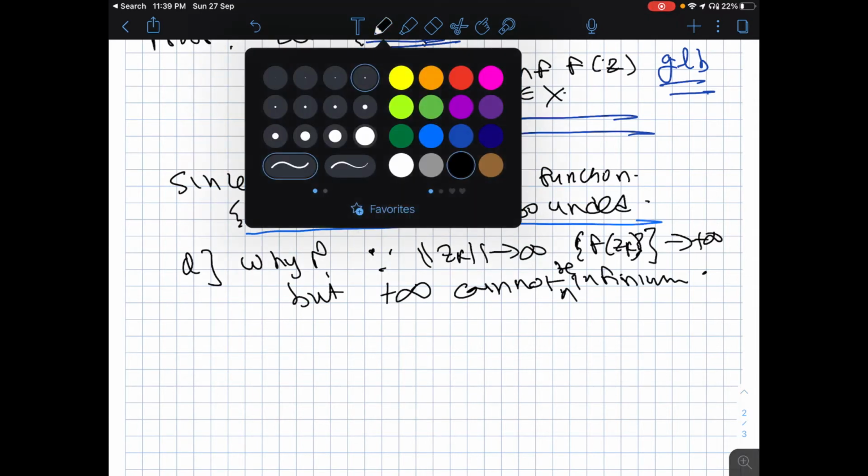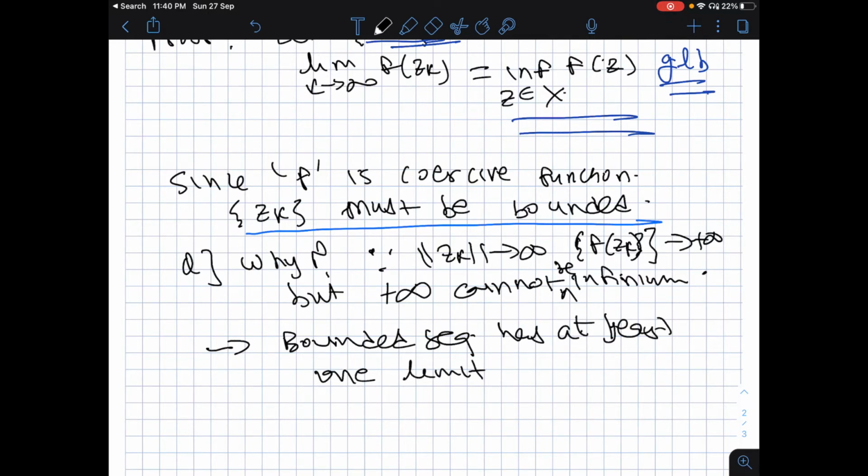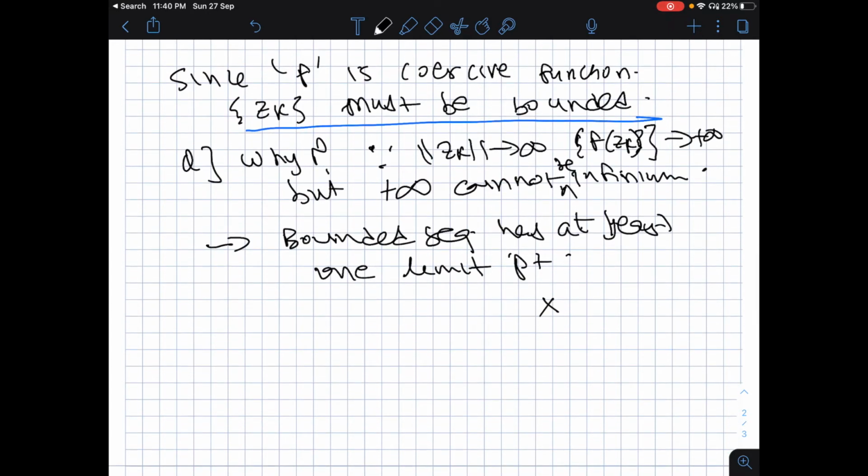If z_k is bounded, then you know, by our earlier discussion on sequences, that a bounded sequence has at least one limit point. So let's say that this limit point is x.